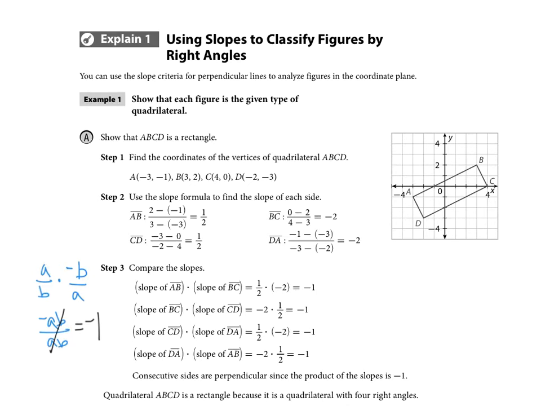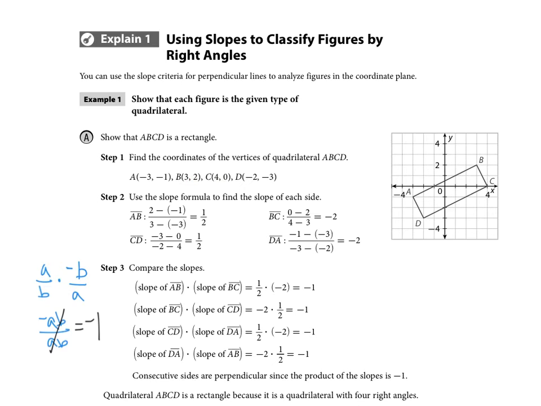So we calculate the 4 different slopes of the sides. And you can see there that slope AB here, we did 2 minus -1 and 3 minus -3, and we got positive 3 over 6, or 1/2 when we reduce. BC, we're going to do 0 minus 2 over 4 minus 3, and we get -2 when we simplify that.